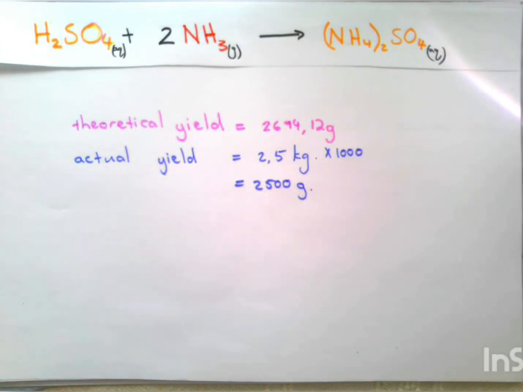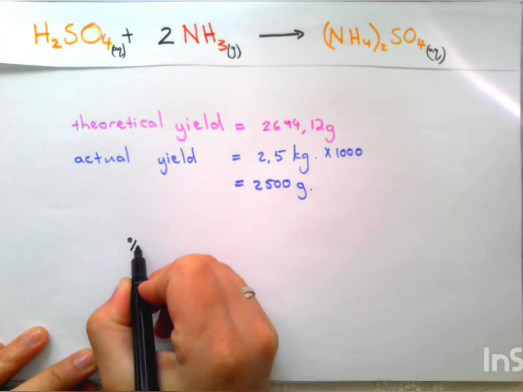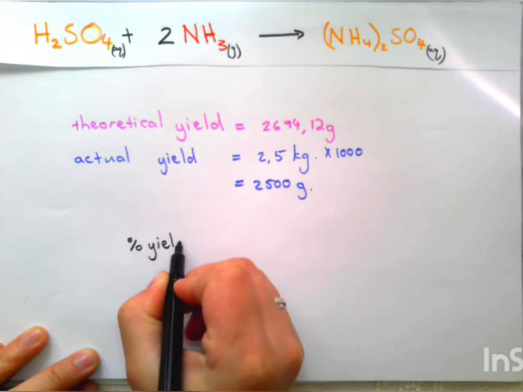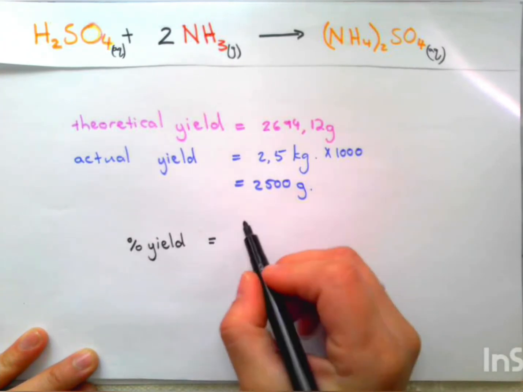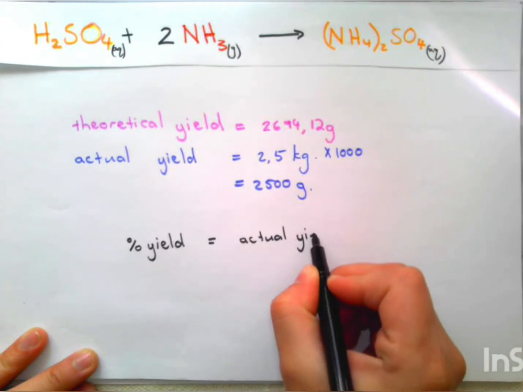Okay, so our formula is percentage yield is equal to actual yield.